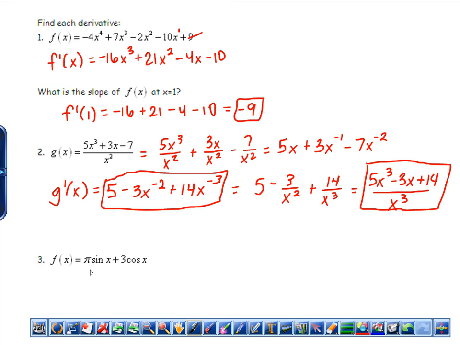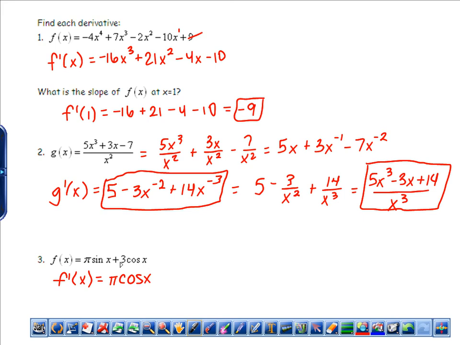Okay, let's look at number 3. Here we have some trig in here. So we're not really doing this any differently. We're still just taking f prime of x. Pi is a constant, so we get to just multiply pi times the derivative of sine. Now, if you remember, the derivative of sine is cosine. Again, it's worth it to memorize.